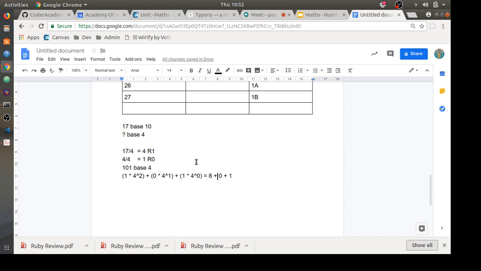No, that's not right. 4 squared is not 8. 4 times 2 is 8. 4 squared is 16. I was like, wait, that's not right.